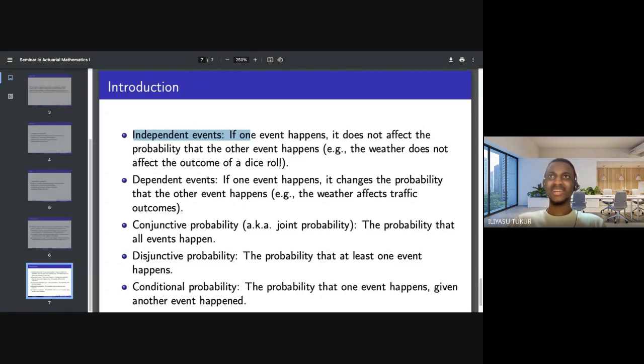If it's raining or it's not raining, the probability of rain today will not affect the probability if you are playing. You cannot even put into consideration the weather because they have different kinds of probability. So the outcome of the die, whether it's raining or not, if it is one, it's still going to be one. So that is independent event.